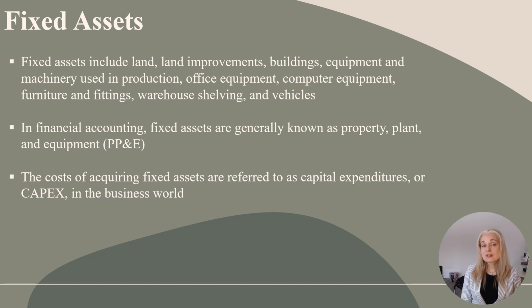In financial accounting, fixed assets are generally known as property, plant, and equipment, or PP&E. The costs of acquiring fixed assets are referred to as capital expenditures or CapEx in the business world. And as I mentioned, they usually require a unique process due to the amount of money or investment associated with them.